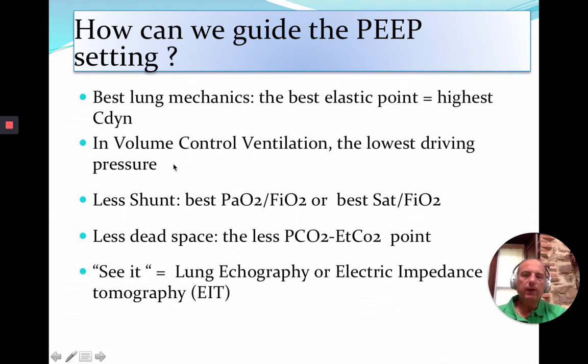Second, in volume control ventilation, the lowest driving pressure. It really means the same as the other approach, but with some specifics. Flow meters and barometers are two different ways to measure the same thing, but barometers are always more precise, because nowadays measuring pressure is very simple, without many problems or interferences. Measuring flow is a little more tricky from the engineers' point of view.